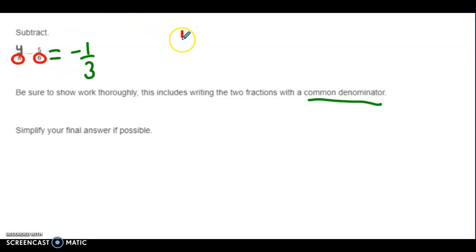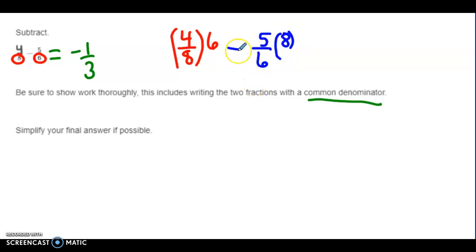So I'm going to take my first fraction, 4 over 8, and multiply that fraction by 6, which is the opposite denominator. And then I'm going to take my second fraction, 5 over 6, and multiply it by 8, which was the other denominator, or the opposite.